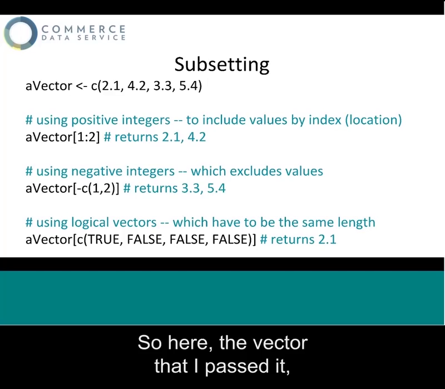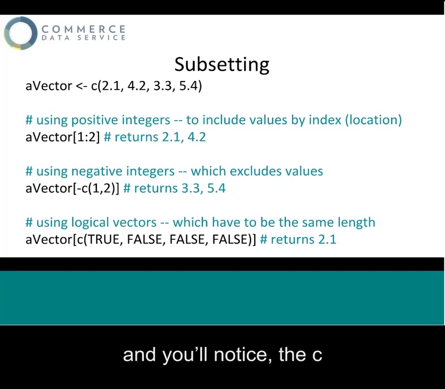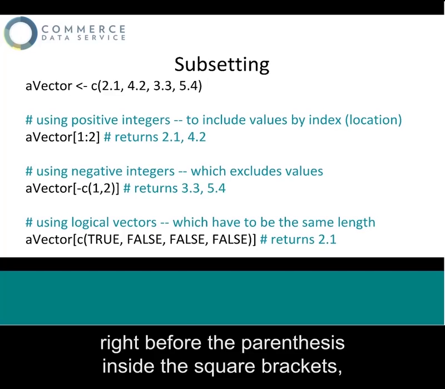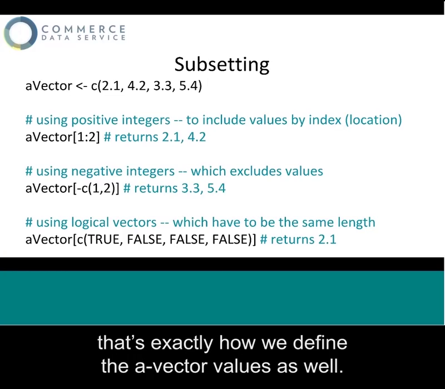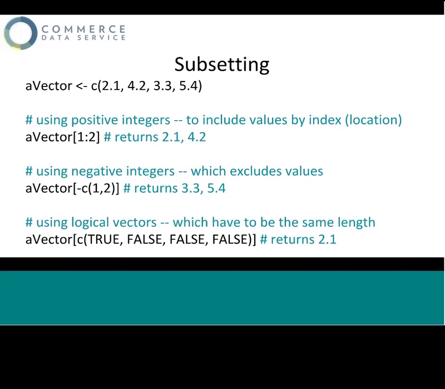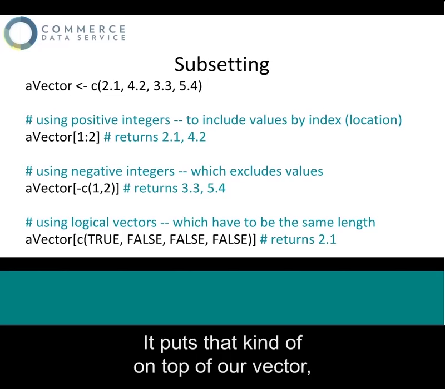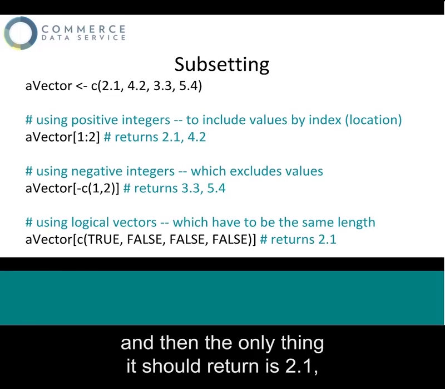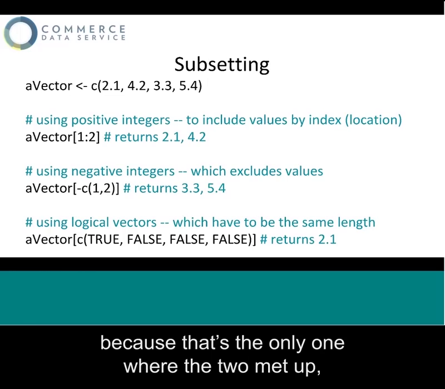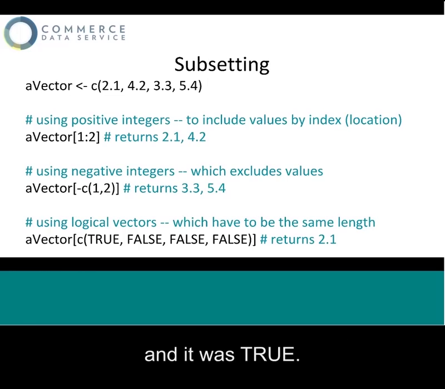Here, you'll notice the c right before the parentheses inside the square brackets, which is exactly how we define the vector values as well. I give it TRUE, FALSE, FALSE, FALSE. It puts that on top of our vector, and the only thing it should return is 2.1, because that's the only one that was TRUE.